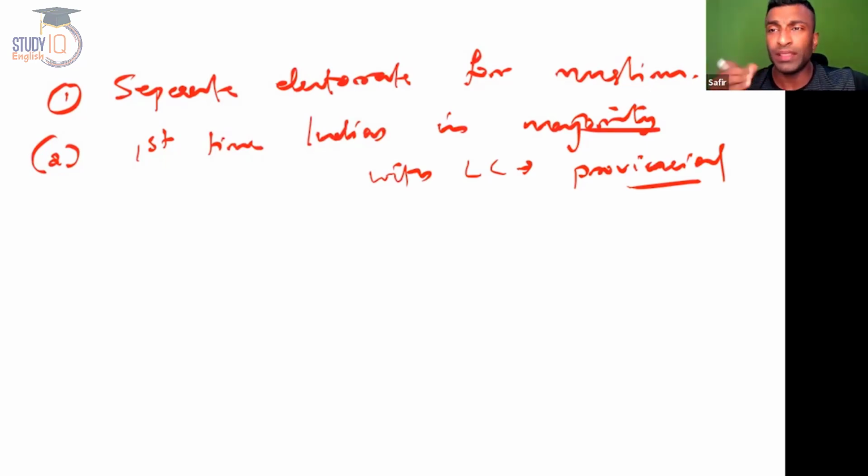So majority, this is the demand of Congress, right? Indians need to be in majority with the Legislative Council. That means they can pass the laws and everything. So here at the provincial level, they're at the majority, but still Congress is not satisfied with this. Why? This is something which you need to understand very clearly, because the textbooks will tell you like this: Indians are in majority.